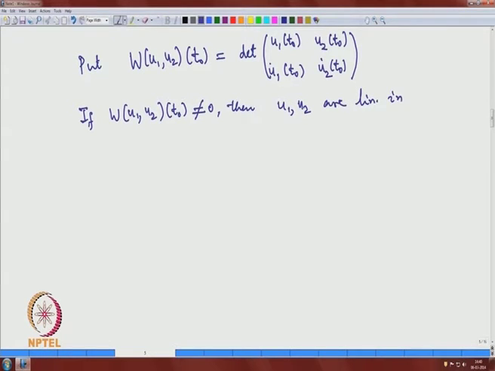So, when you put more structure into the functions, for example, here we have taken differentiable functions, we see a simple condition, and that just at one point. So, even if the Wronskian is non-zero at one single point, those two functions U1 and U2 are going to be linearly independent. However, the converse may be false.